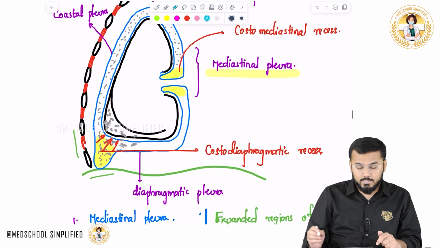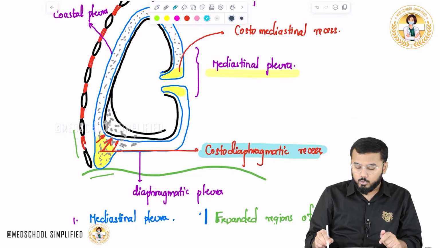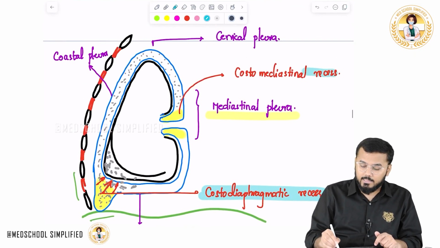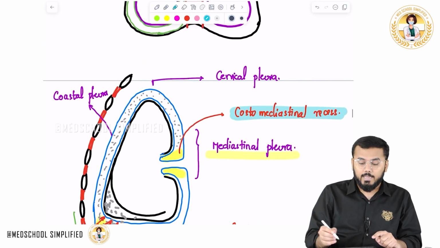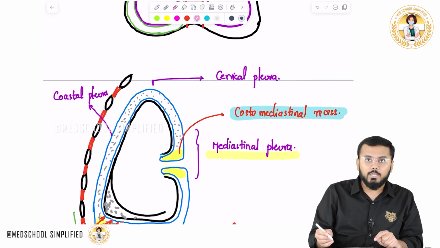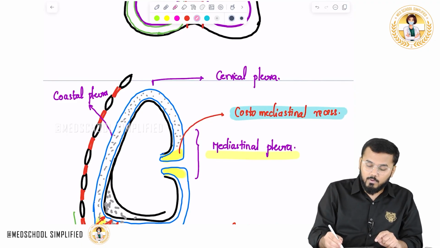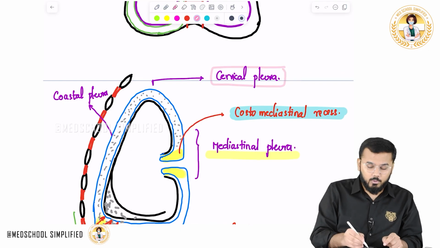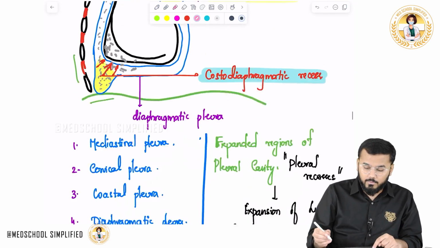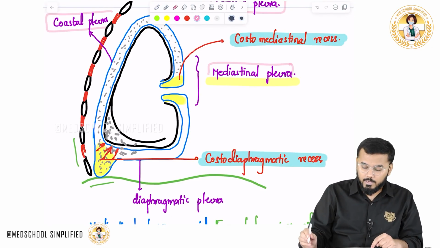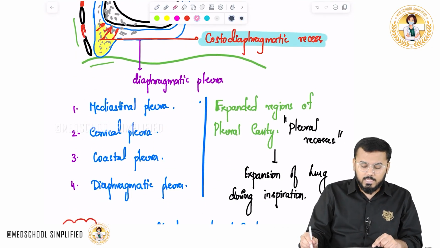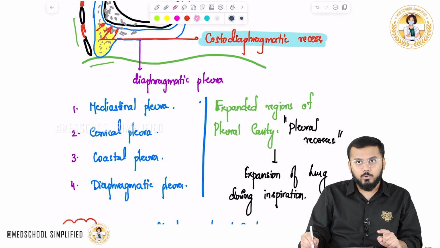So we have two kinds of recesses: one is called the costodiaphragmatic recess and the other is called the costomediastinal recess. And how many different types of pleura do we have? We have the cervical pleura, the costal pleura, and lastly the mediastinal pleura.